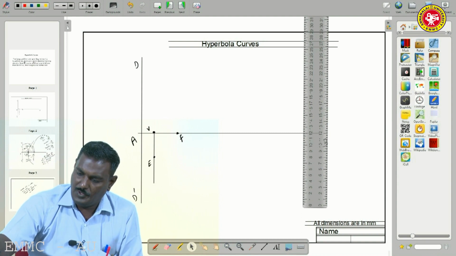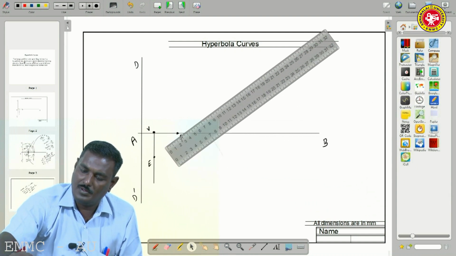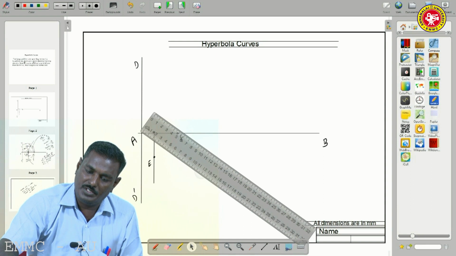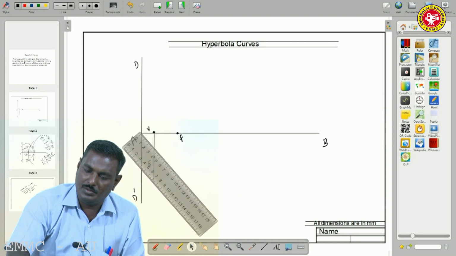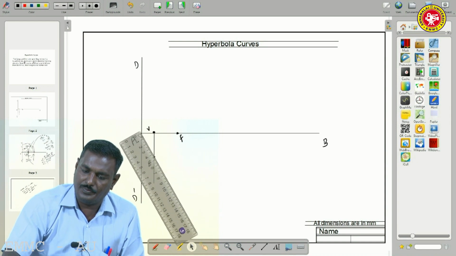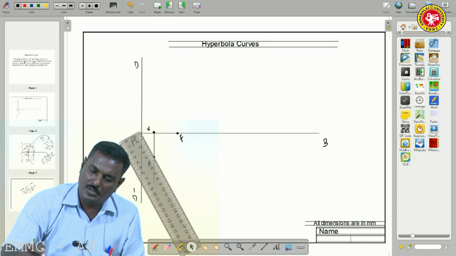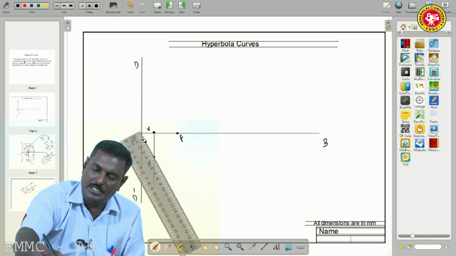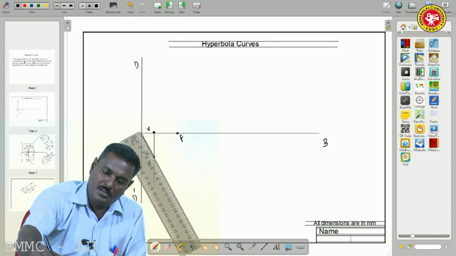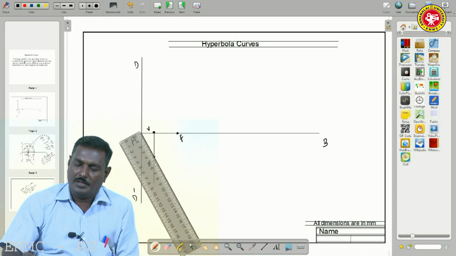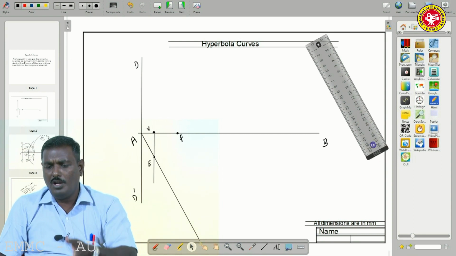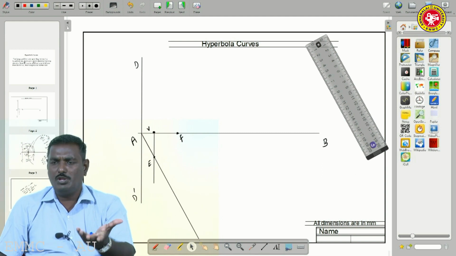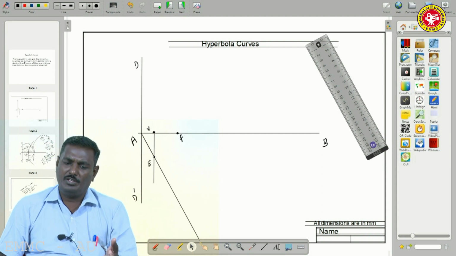Now take the scale, keeping A as the pivotal point, and rotate to E. Now draw the line AE and extend it. After drawing the AE extended line, the distances may be equal or unequal, but there is no need for equal distance.